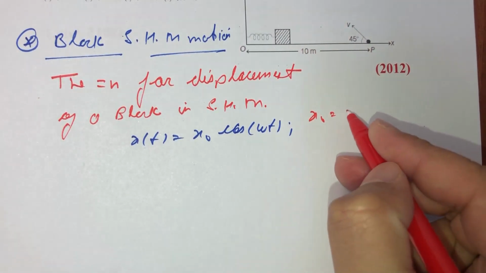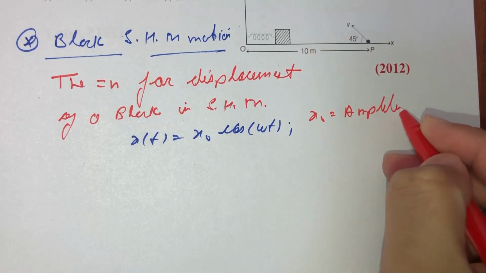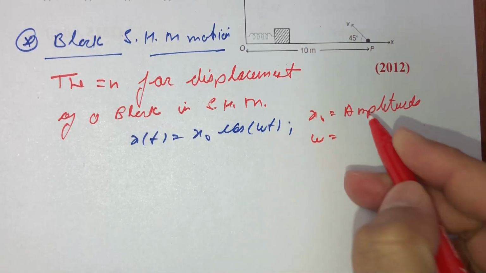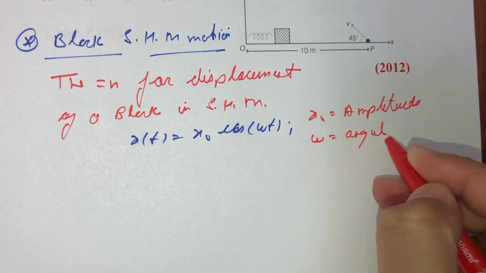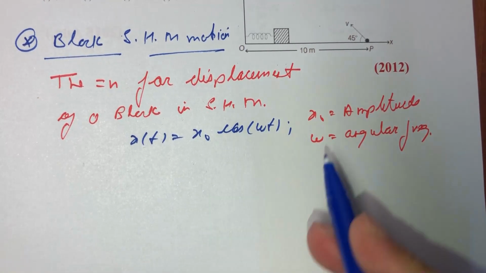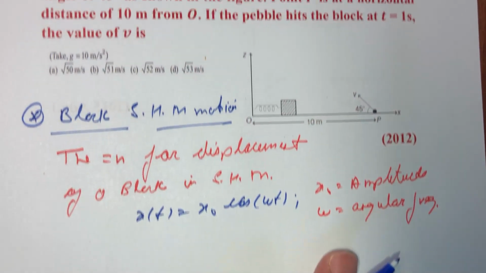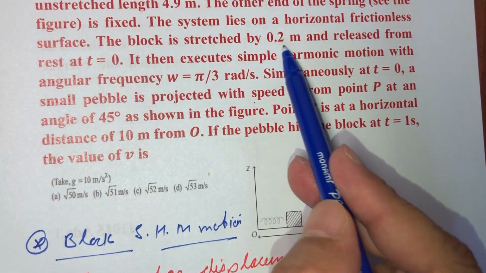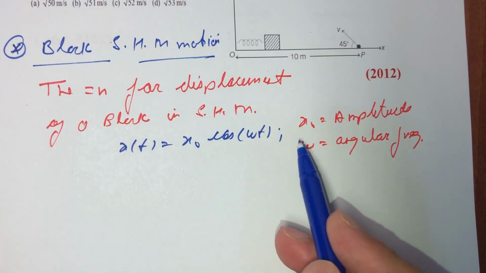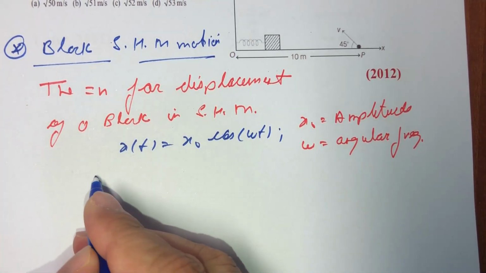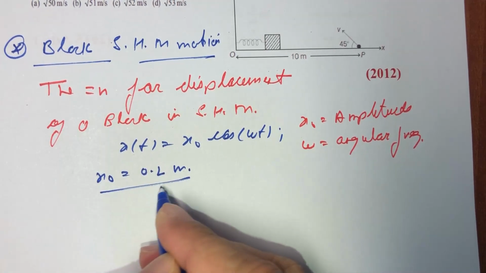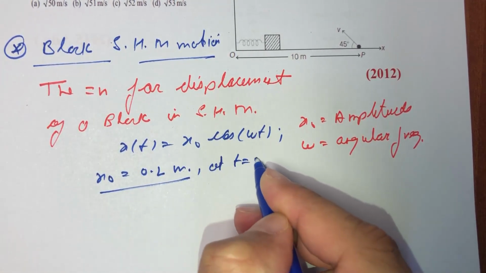In some formulas this is also given as a, and omega is the angular frequency. In the question it is given that the block is stretched to 0.2 meter and released from rest. So it means the value of x naught is equal to 0.2 meters, and this is at t equal to 0.